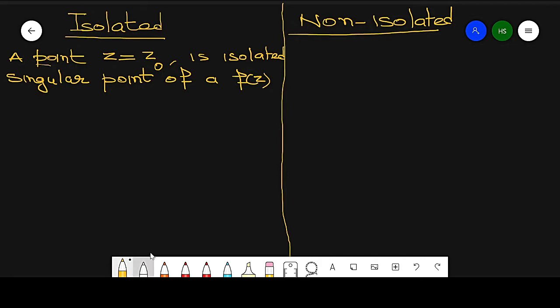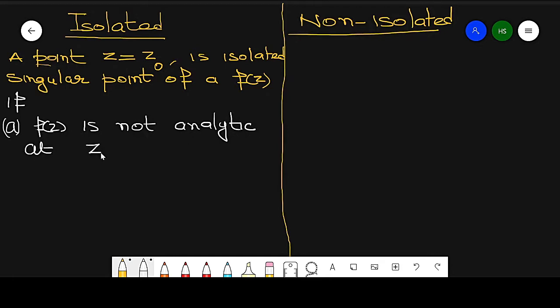It is an isolated singular point of function f(z) if it satisfies two conditions. Condition number 1: f(z) is not analytic at z equal to z naught.